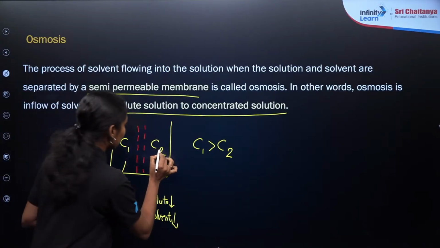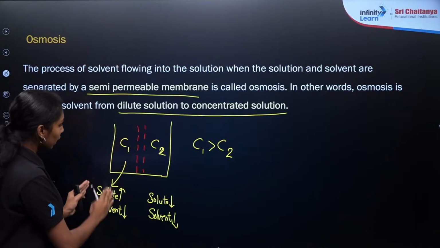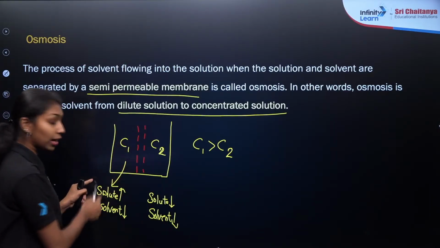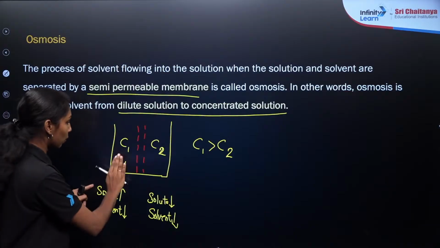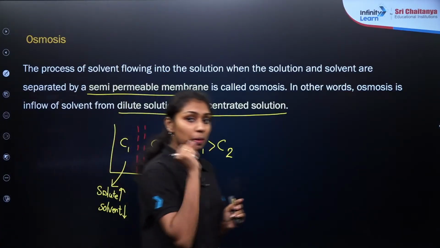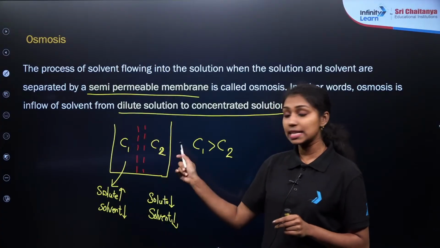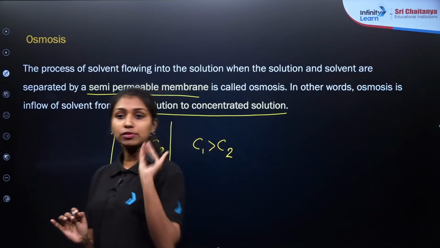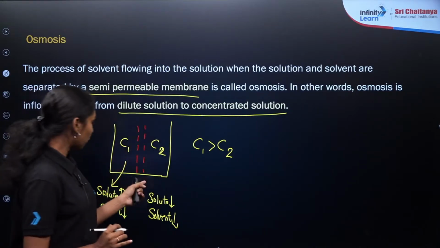Let me explain in detail. In this particular case, C1 is greater than C2, which means solute is more in C1 and solute is less in C2. This red marked one is the semi-permeable membrane. It will allow only the flow of solvent particles.